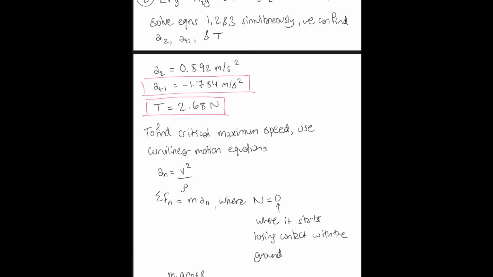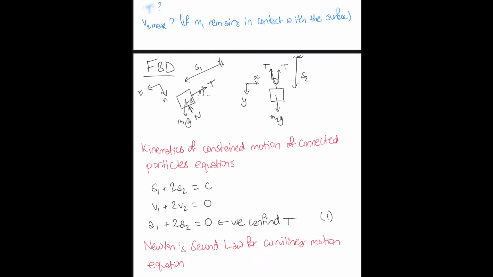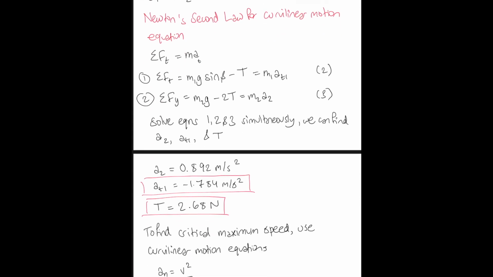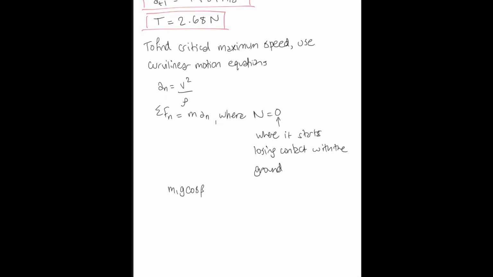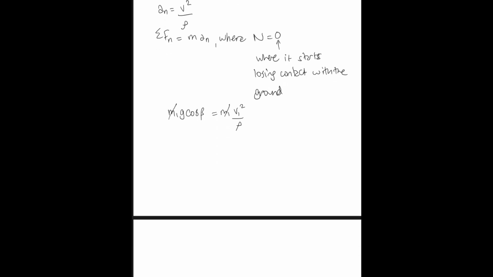So sum of forces in the normal direction is going to be m1 g cosine beta, as you can see here in the diagram, which is equal to m1 v1 squared over rho. The masses are going to cancel out. Plug in our values. And we get v1 max is 3.86 meters per second.